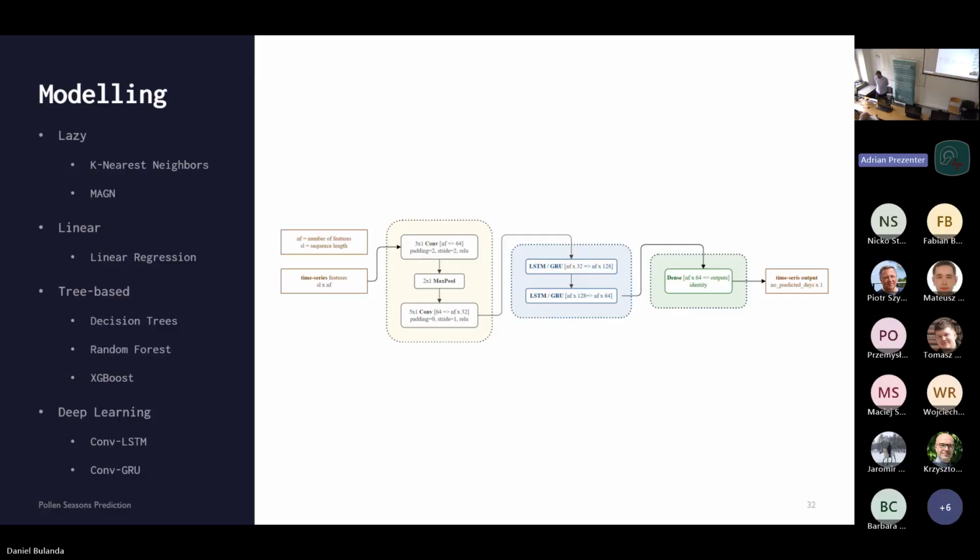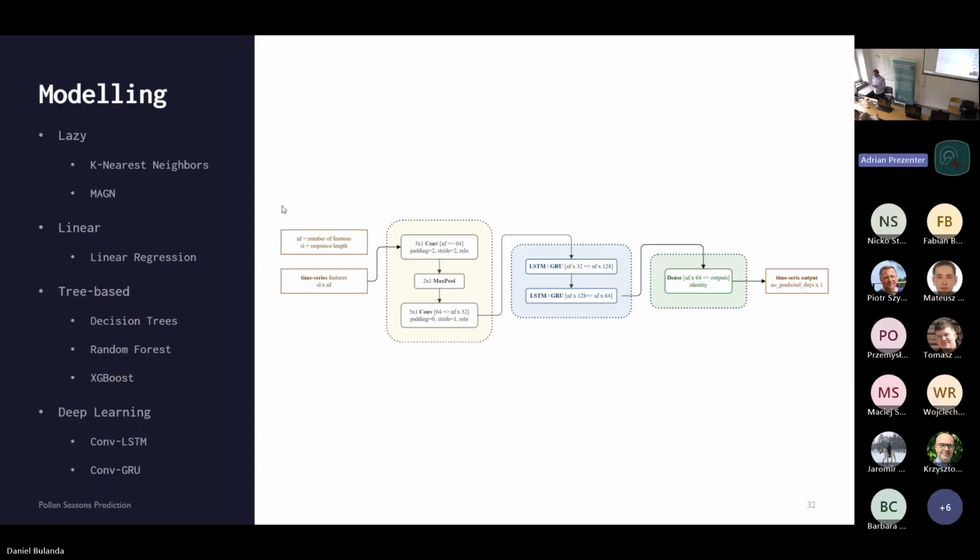And for deep neural networks, we use a combined architecture, which is a convolutional neural network with max pooling layers to denoise the data and reduce its dimensionality, because that's what max pooling does. Convolutions also somehow suppress the noise and try to figure out what are the most important features. This is one-dimensional convolution, of course, but it works.